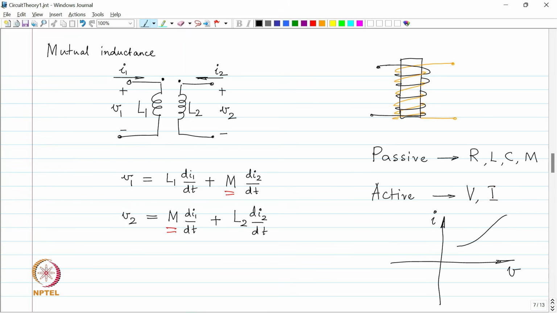Do you see the line? Yeah. When V is positive, I is positive, it absorbs power. Okay. So, this is active or passive? Passive, good.